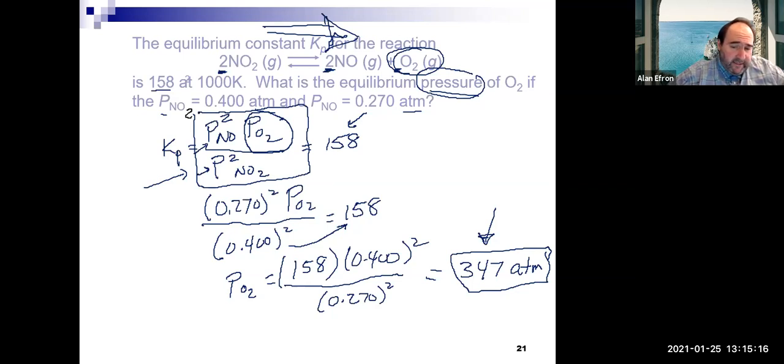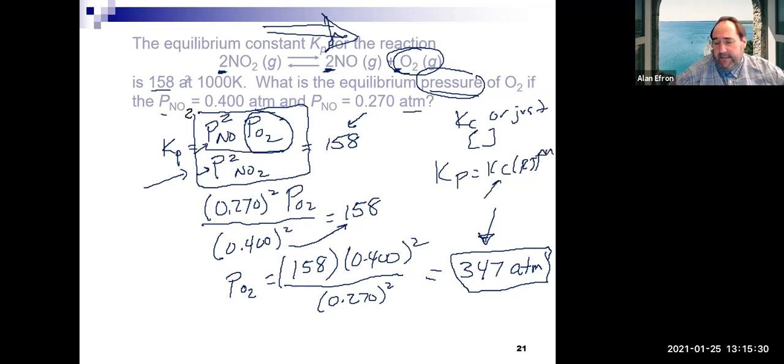Or alternatively, if you had, say, the Kc value or just concentrations given to you, you then could use that other equation that we saw by first calculating Kc and then getting to Kp. In this particular problem, you didn't have enough information to use this one at all because you didn't have all the pressures. Otherwise, you could just calculate Kp directly, and you didn't have all the concentrations, so you couldn't calculate the Kc value. Other questions on that?